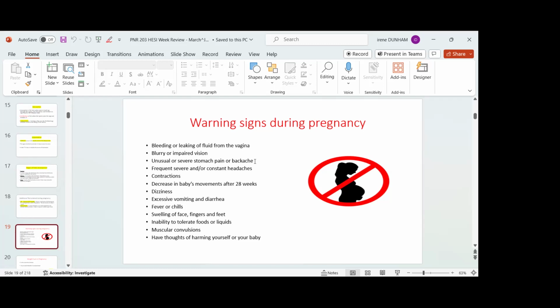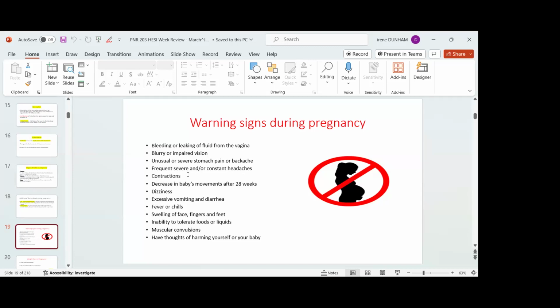A UTI can lead to preterm labor, because when the bladder gets inflamed, which it does with a UTI, it makes the uterus contract, because the bladder is laying right underneath the uterus. So you have to make sure she doesn't get a UTI. Frequent, severe, or constant headaches could also be associated with preeclampsia.